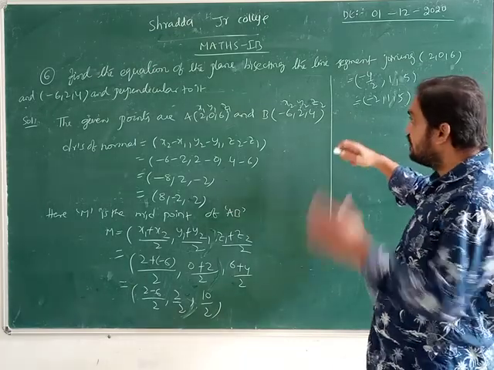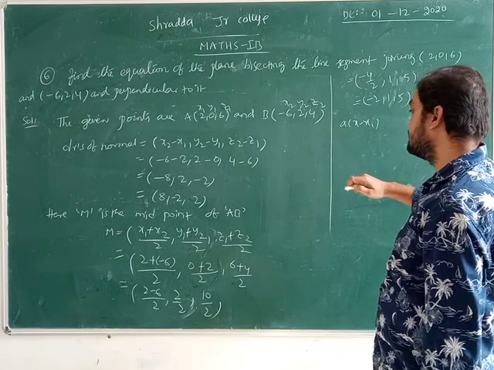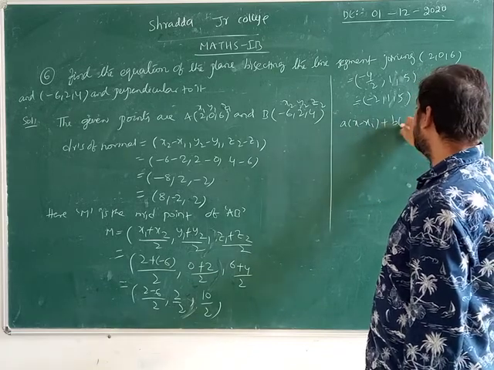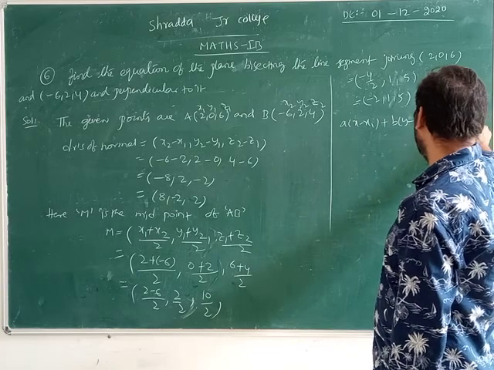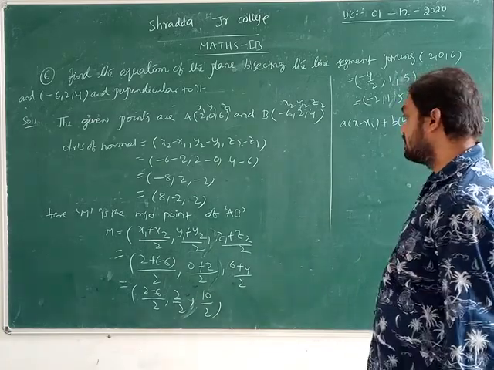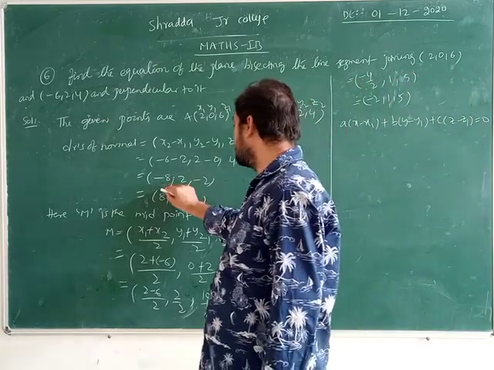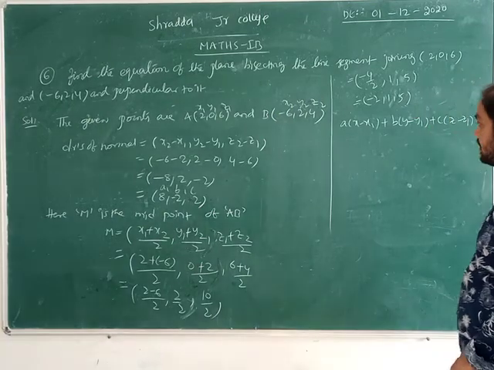Next see, what is our equation of the plane? That is a into (x minus x1) plus b into (y minus y1) plus c into (z minus z1) equals 0. Here the direction ratios of the normal are denoted by a, b, c.